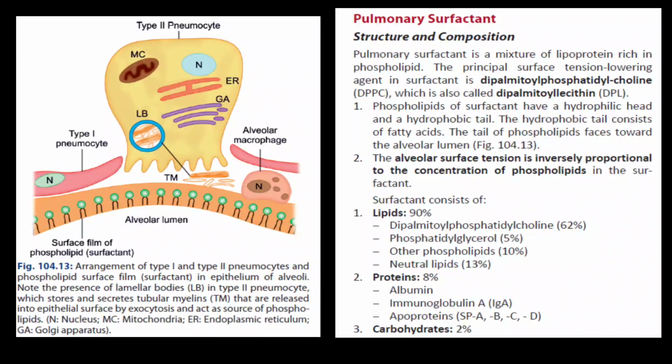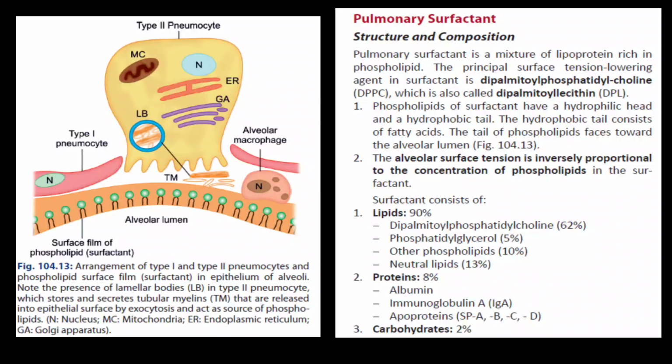Surfactant means a surface active agent that decreases surface tension. Pulmonary surfactant, as you can see from the left-hand side picture, is a thin liquid film present at the alveolar lining that decreases the surface tension at this gas liquid interface of the alveoli.